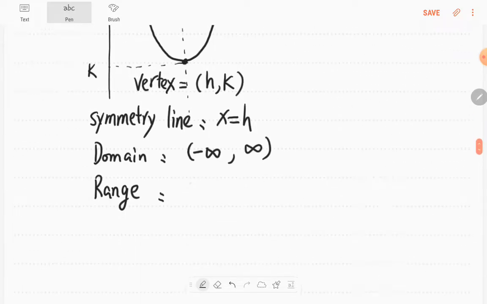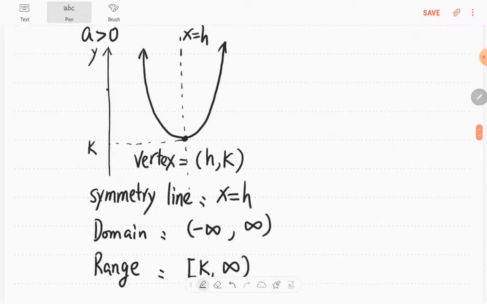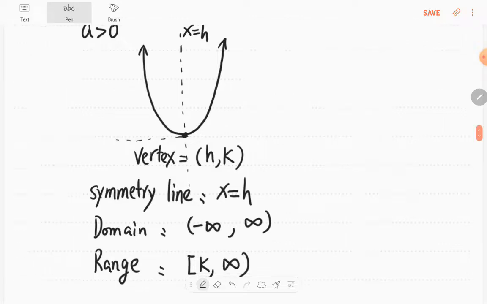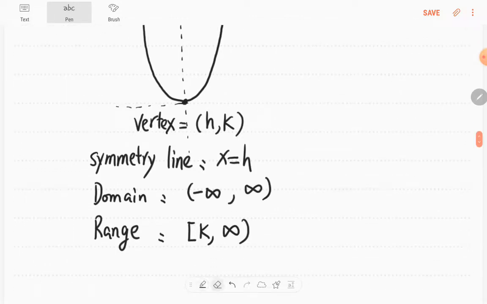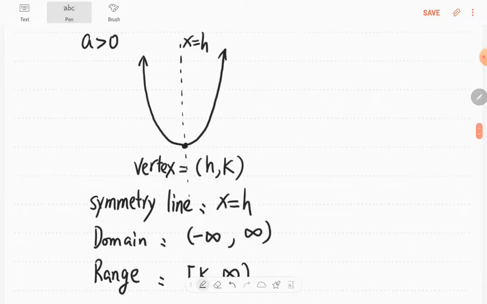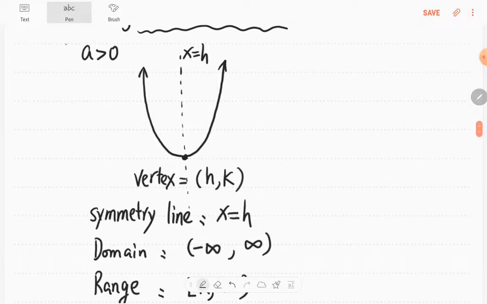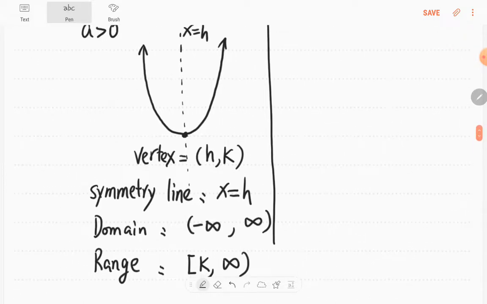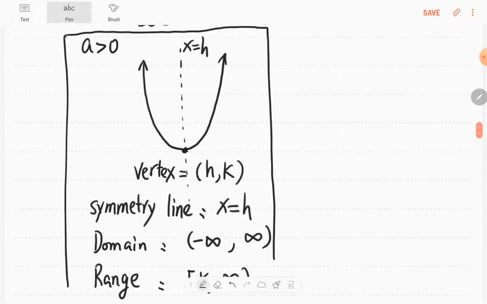So the range is k to positive infinity. So this is the case for a greater than 0. I draw a box for the things that hold when a is greater than 0.